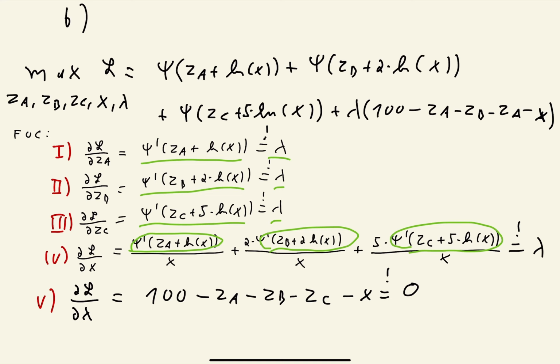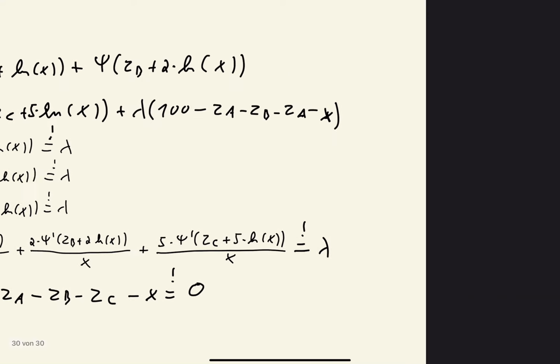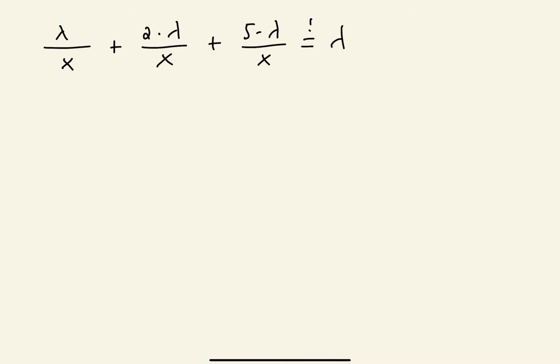And then what we will have is the following. When you substitute, you get lambda divided by x plus 2 times lambda divided by x plus 5 times lambda divided by x. This should be equal to lambda.